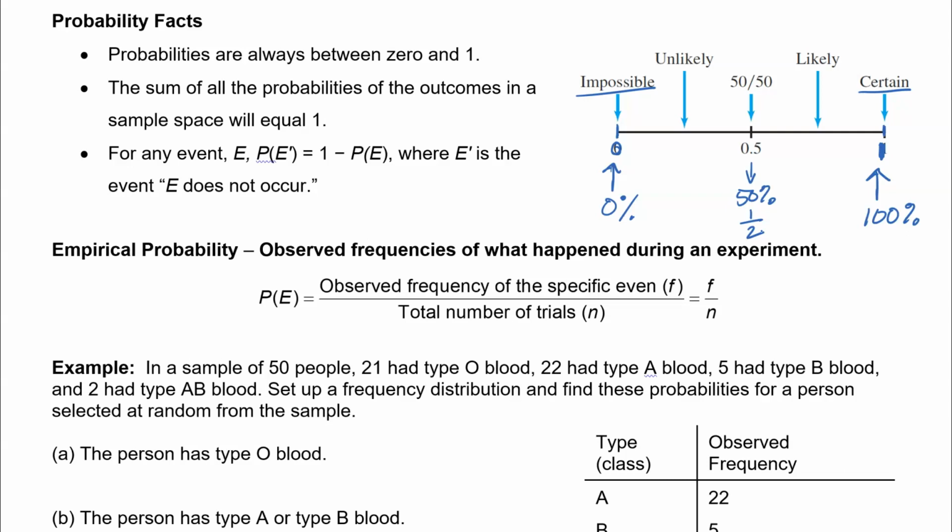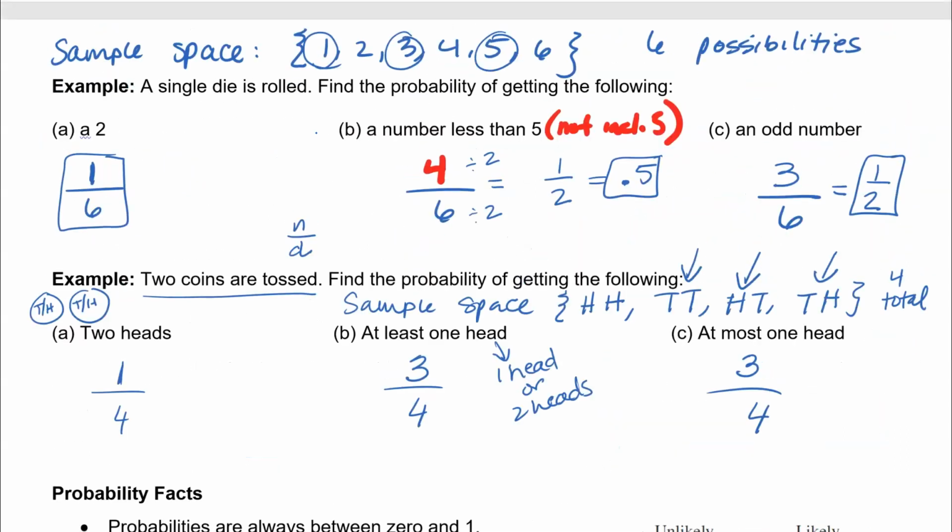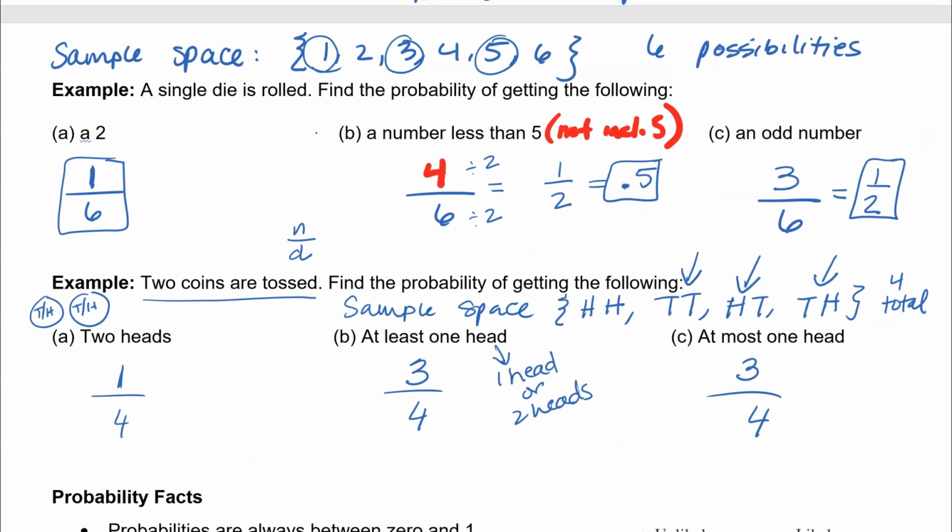Other probability facts. The sum of all the probabilities in a sample space will equal 1. Let's go up here and look at the sample space we had for the heads tails example. What's the probability of getting head head? Well, that's 1/4. The probability of getting tail tail is 1 out of 4. Head tail is 1 out of 4.